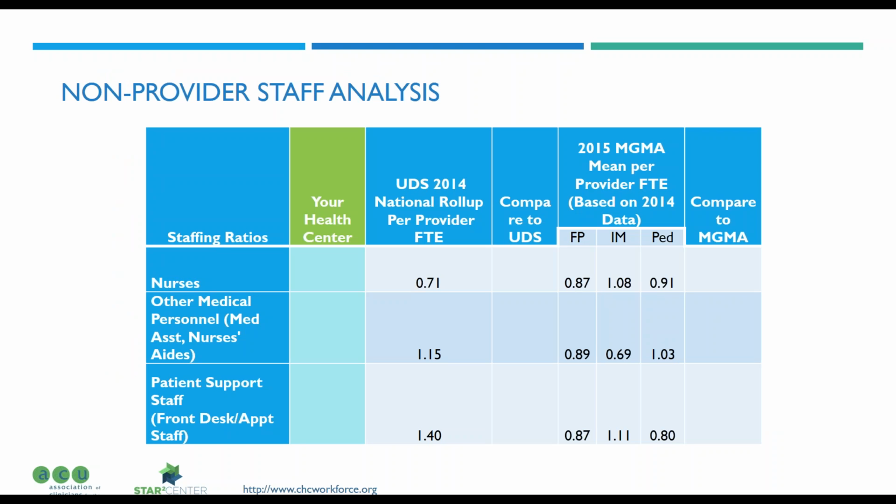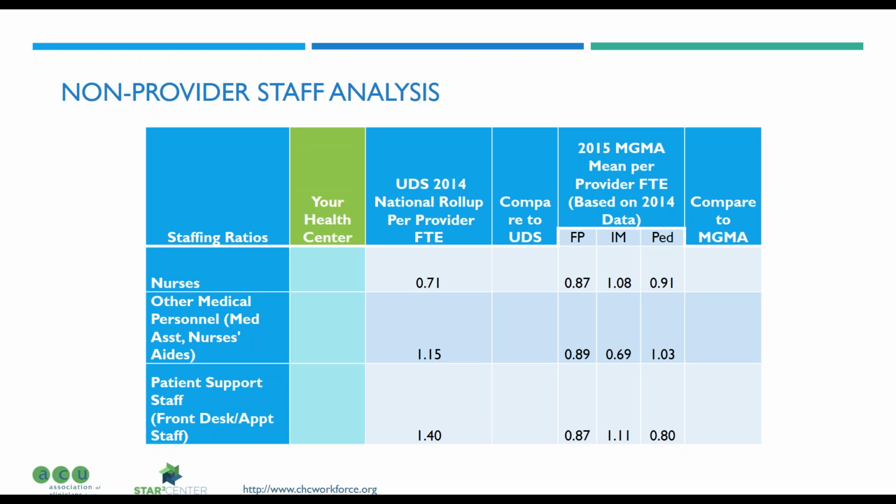So for this one, again, we made it easy for you. I think I took the line off here on the UDS table, but it should be in the retention and recruitment plan. You can just look on your UDS table, and in the green column for your health center, just put in what the staffing would be.